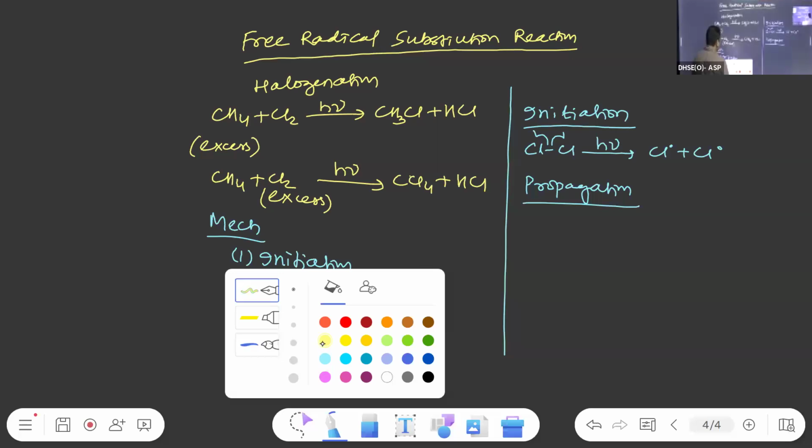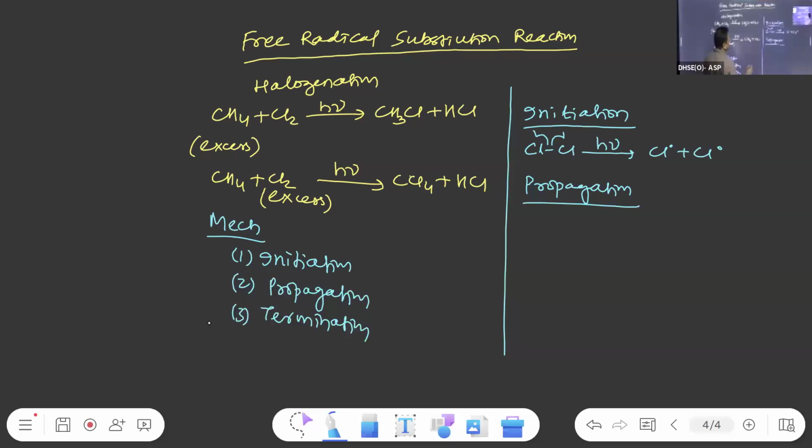The reaction continues like this: methane is treated with halogen free radical to form carbon free radical and hydrogen halide.